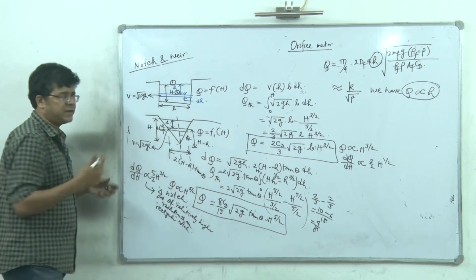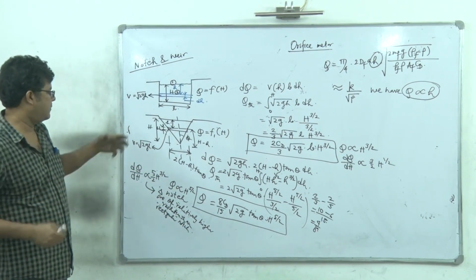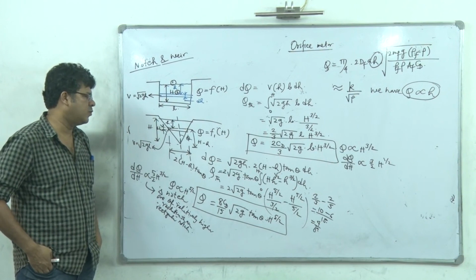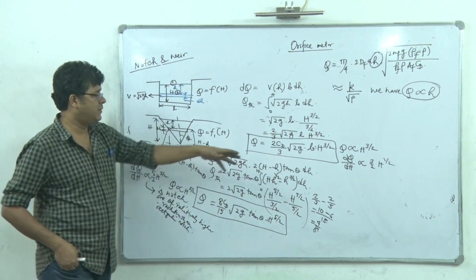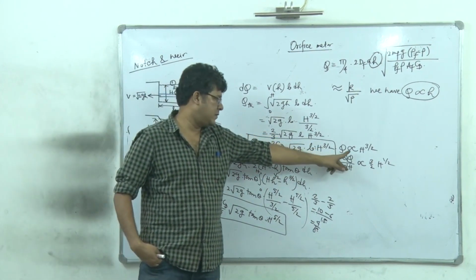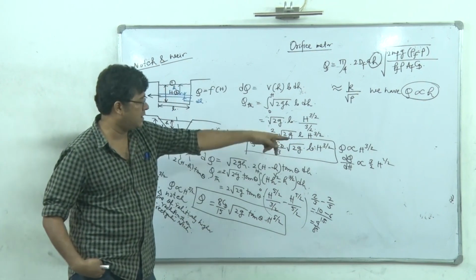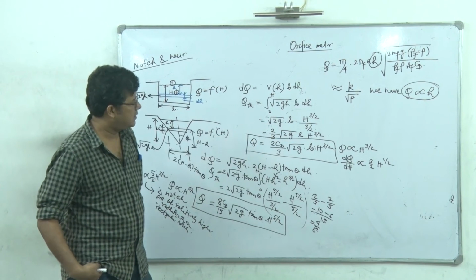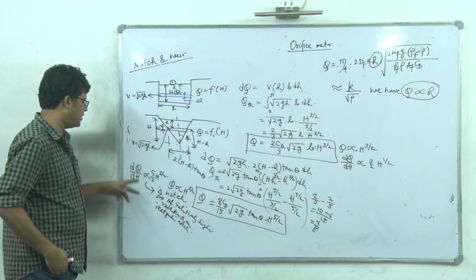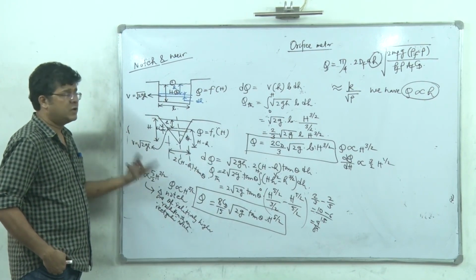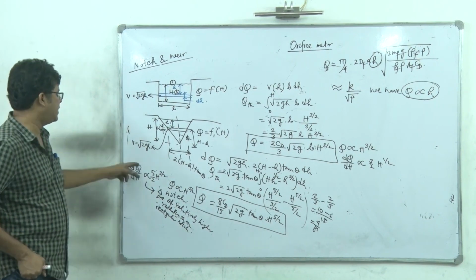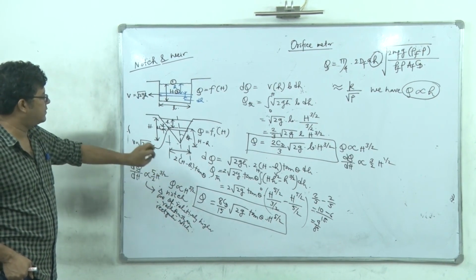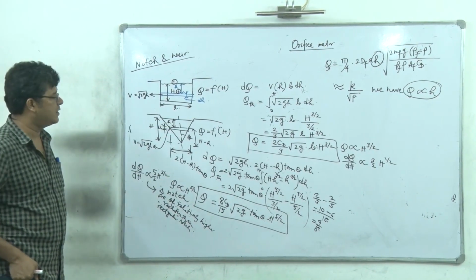Here we may differentiate between, say, some centimeter cube per second of flow, where we cannot do it in this rectangular notch, because there h to the power half is the respective sensitivity proportionality. Here it is 3 by 2. So the rate of change of volume flow rate with respect to h here is much higher than in the previous case.